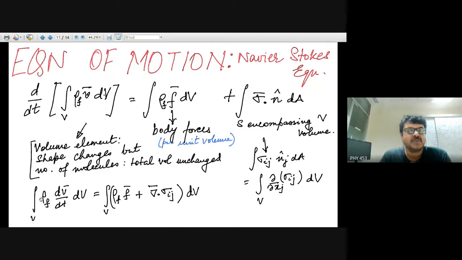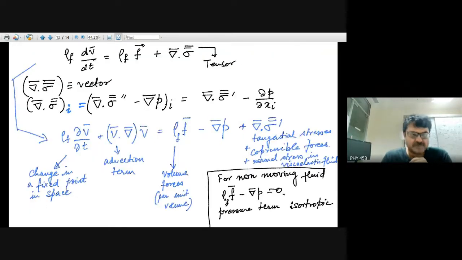So I've taken the rho out of time, assuming that it's not changing as a function of time in an incompressible fluid. So if you take that, if flow is unchanged, and dv/dt, and remember dv/dt can be written as v dot grad acting on v, plus explicit time dependence, equal to rho f into body force and divergence of sigma, where sigma is a tensor, and divergence of sigma, however, is a vector.